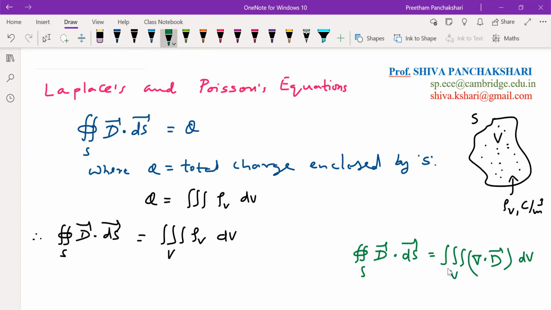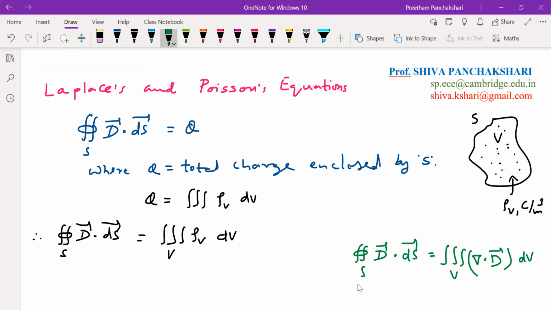This divergence theorem is a mathematical theorem which is applicable for all vectors which have partial derivatives. D is also having partial derivatives with respect to the three space variables. So that's why divergence theorem can be applied to D.